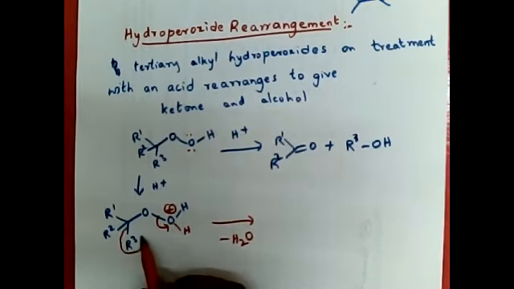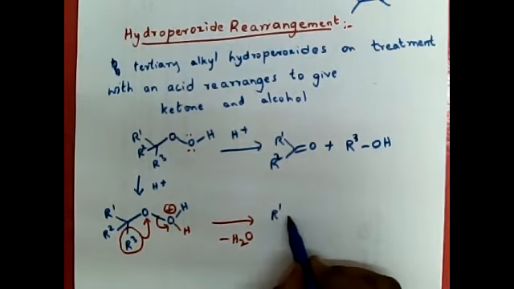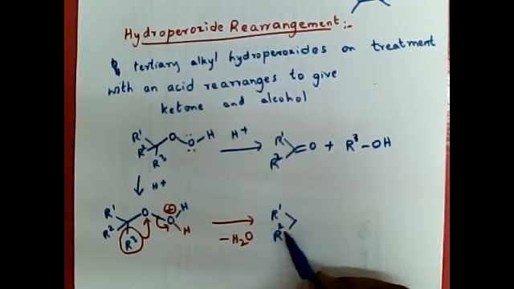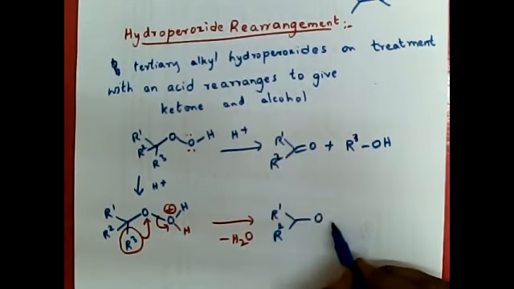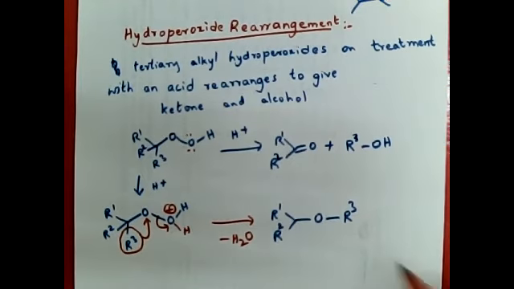Now, one of the alkyl groups from this tertiary alkyl system will migrate to this oxygen. This process generates oxygen. One of the alkyl groups is migrated. Now we have generated a carbocation here, right? This carbocation will take the water; water will add here.